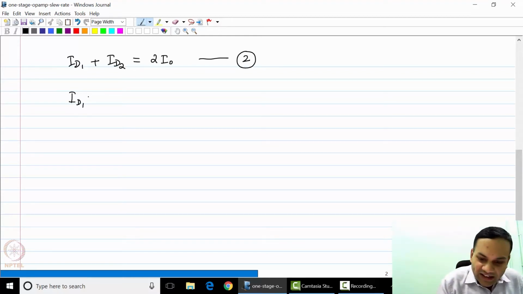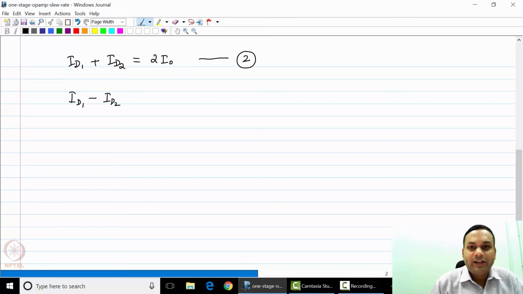So it turns out that ID1 minus ID2 depends on V in 1 minus V in 2 in the following manner.